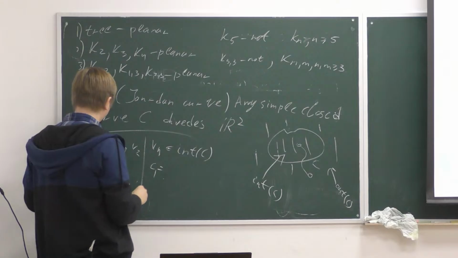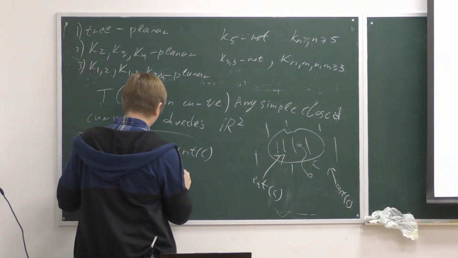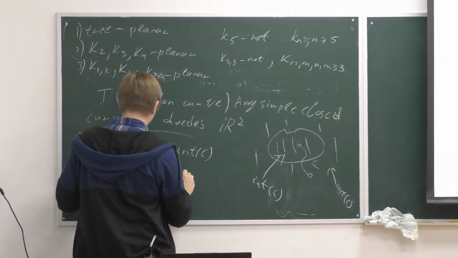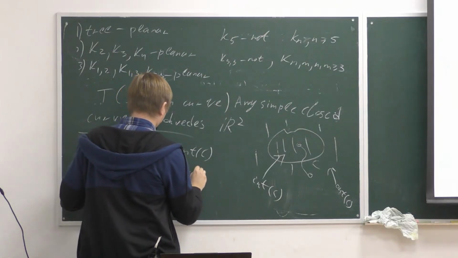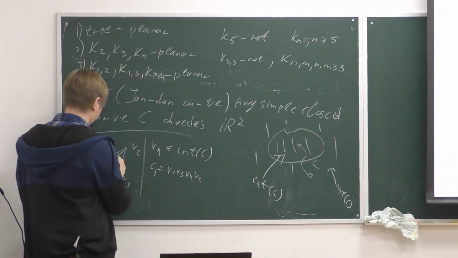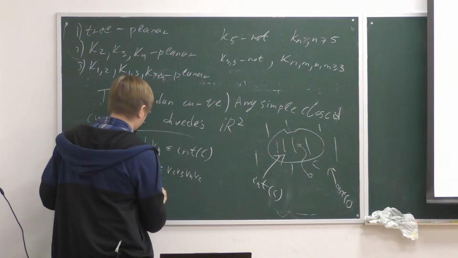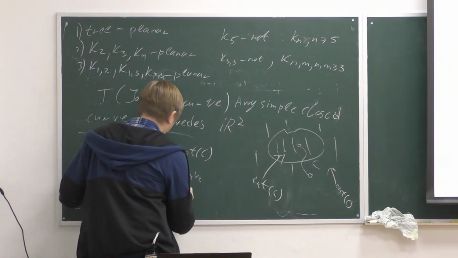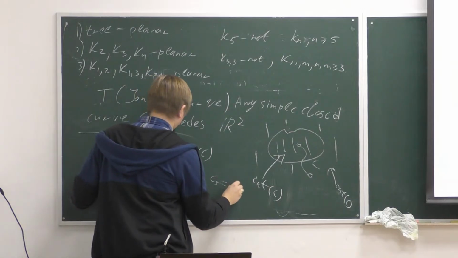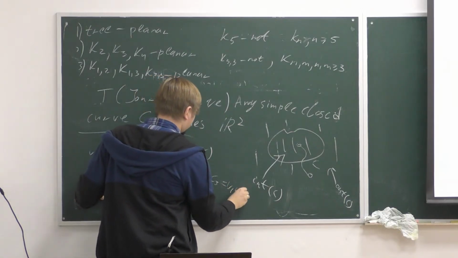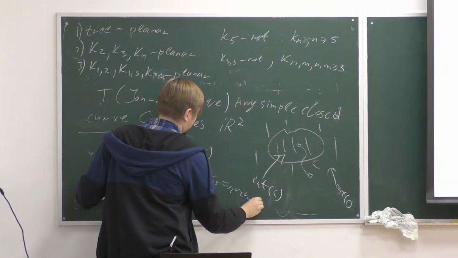So let's denote three cycles. C1 will be V4, V2, V3, V4. C2 will be V1, V3, V4, V1, and C3 will be V1, V2, V4, V1.